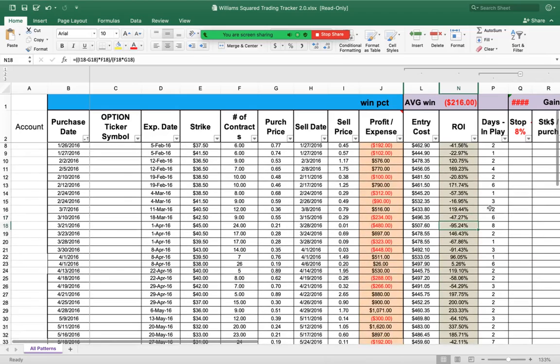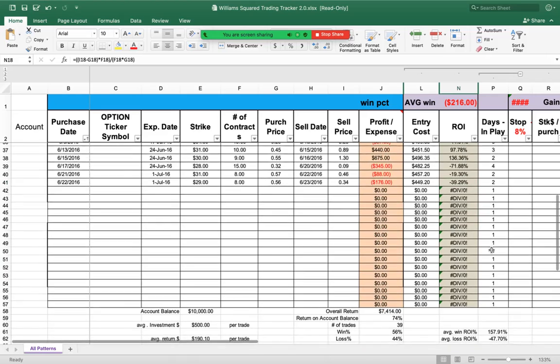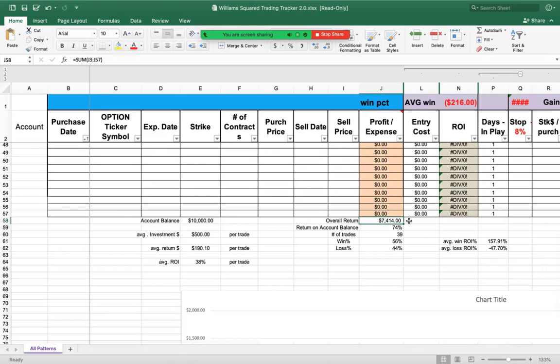But at the end of the day, still doing the exact strategy, I still came out with a 74% return on my account balance. Therefore, at the end of the day, I am a winner, right? In this backtesting, this is a successful or a good strategy.